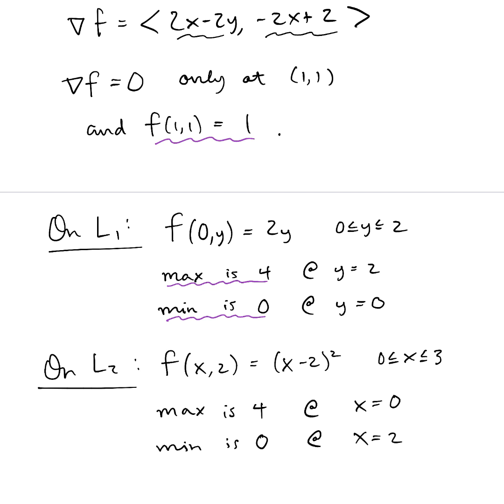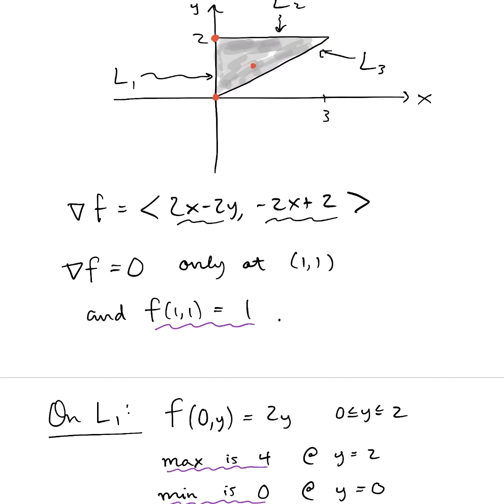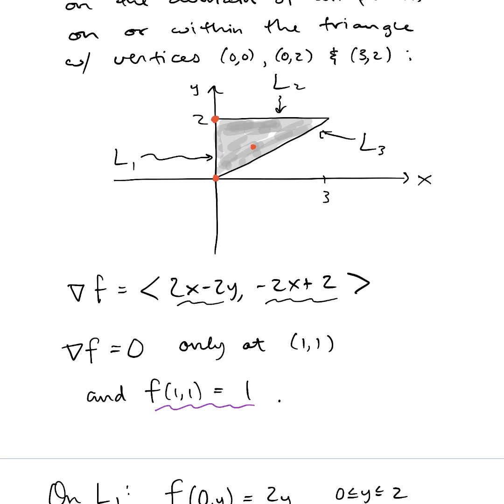Now, it feels like we understand f's behavior at 2 more points. I don't think we do. It's really 1 more point, because look at this point. On L2, the spot where we found out the max came out to 4 was when x equals 0. That is still this dot.